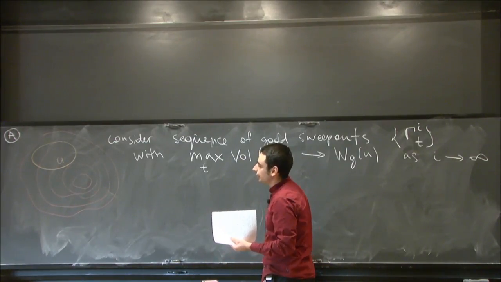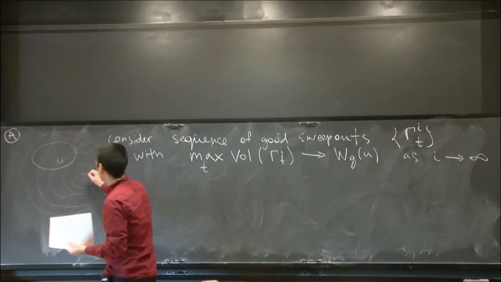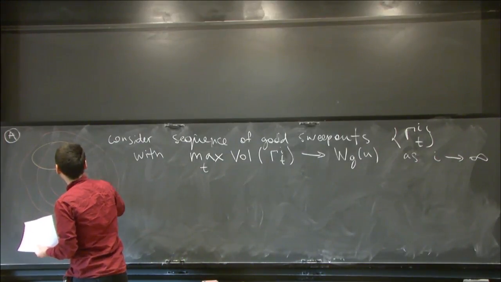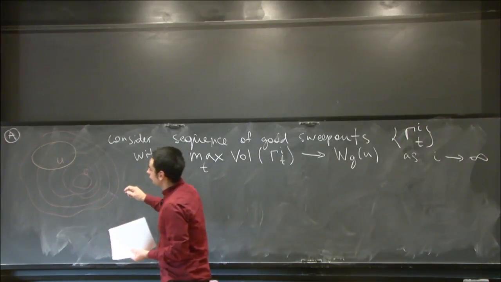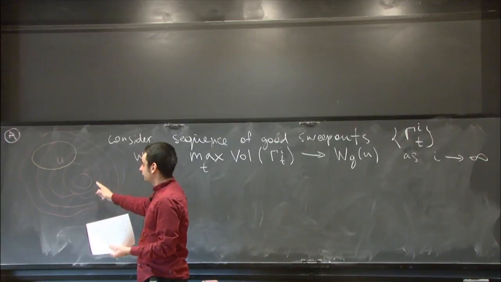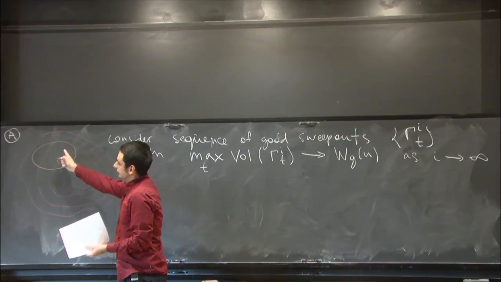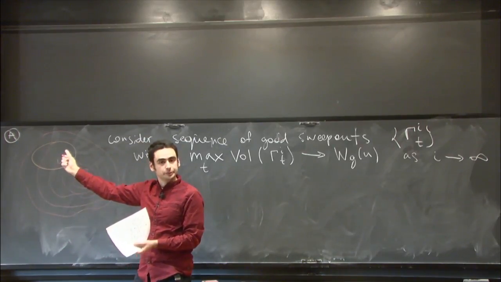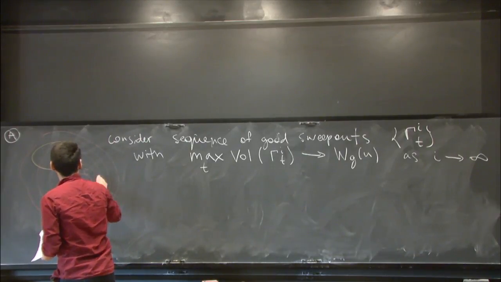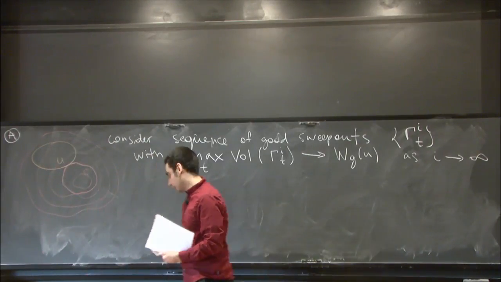So this is our sweepout. And first we notice that the minimal hypersurface of maximal volume doesn't necessarily have to intersect U. So it could be that this is the minimal hypersurface of maximal volume.